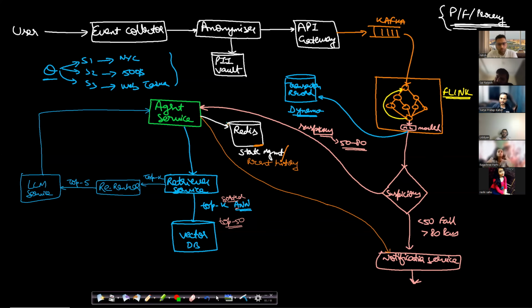And as soon as the agent acts, this will also be writing to Dynamo. So this would be a write, and that would be an update. Because even if it is suspicious, the state will be changed by the agent when it actually makes a final reset on the Redis. Okay, got it.